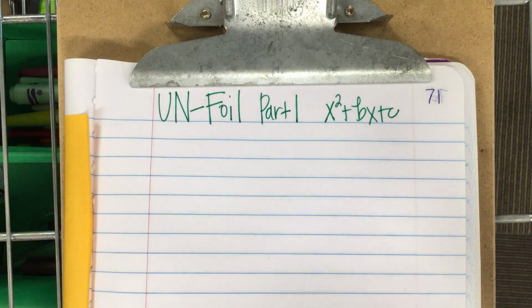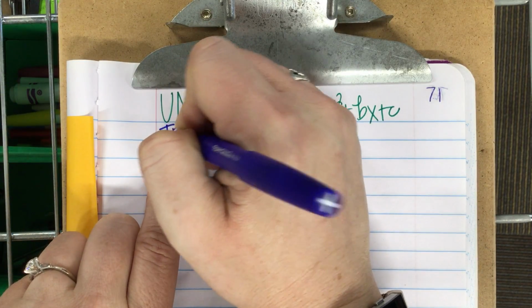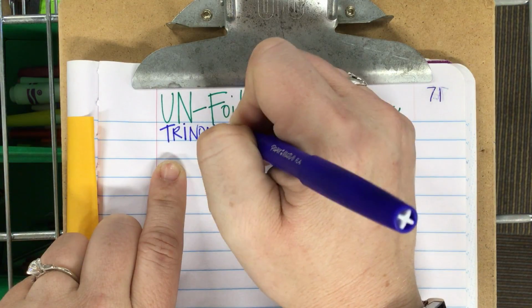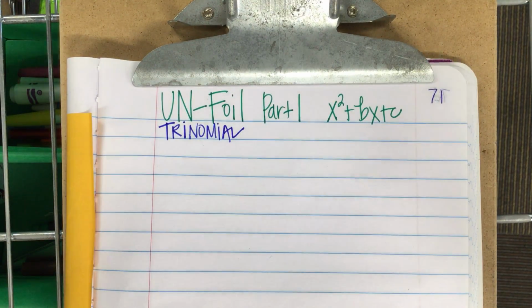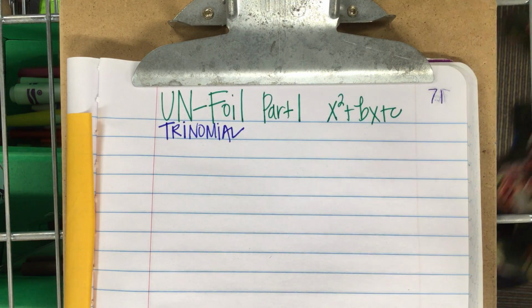Perfect. Our answer is going to be a binomial times a binomial because FOIL is only used for a binomial times a binomial, correct? So we are unfoiling, meaning our factored answer will be a binomial times a binomial. Every single problem you have today will be a trinomial, and that trinomial will be factored into a binomial times a binomial.